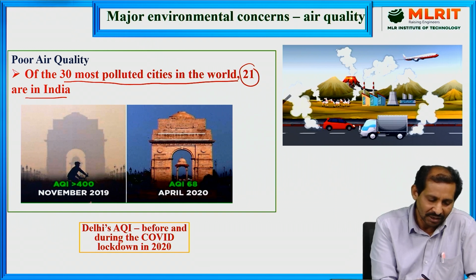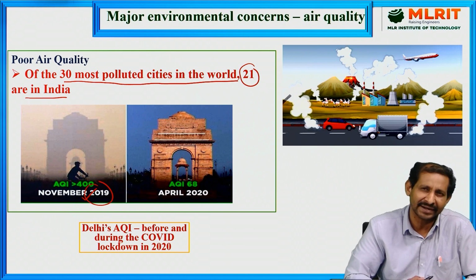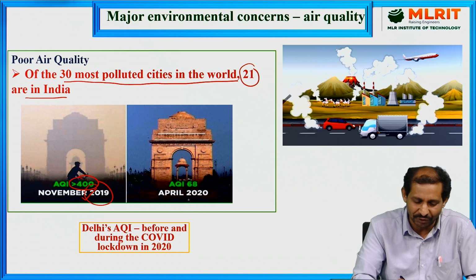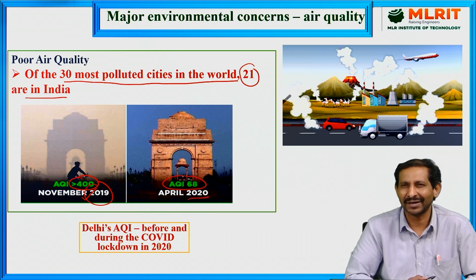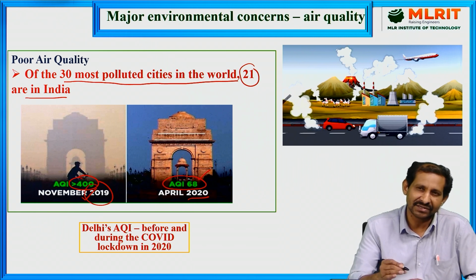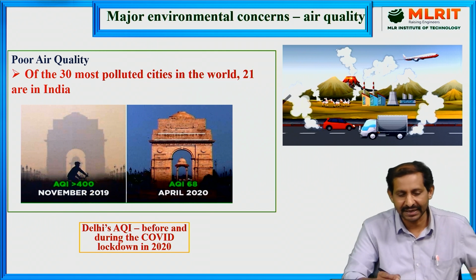Before 2019, the air quality index was more than 400, because more automobiles and industries were working and a lot of air pollution was created. During the lockdown in April 2020, the air quality index came down to around 68, because industries and vehicles were stopped by the lockdown. So pollution decreased.